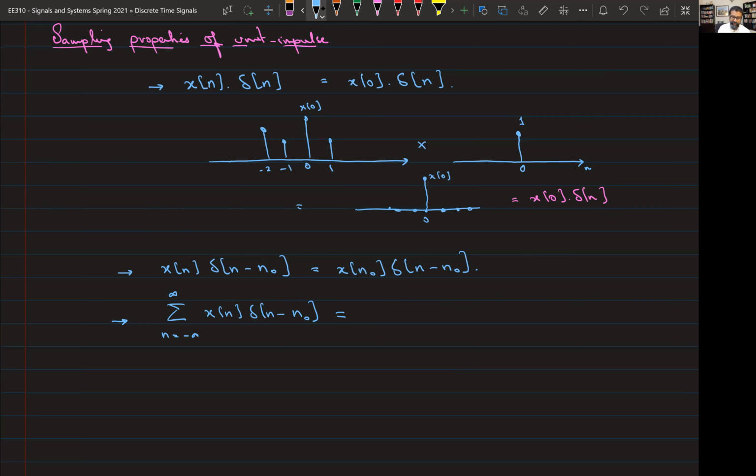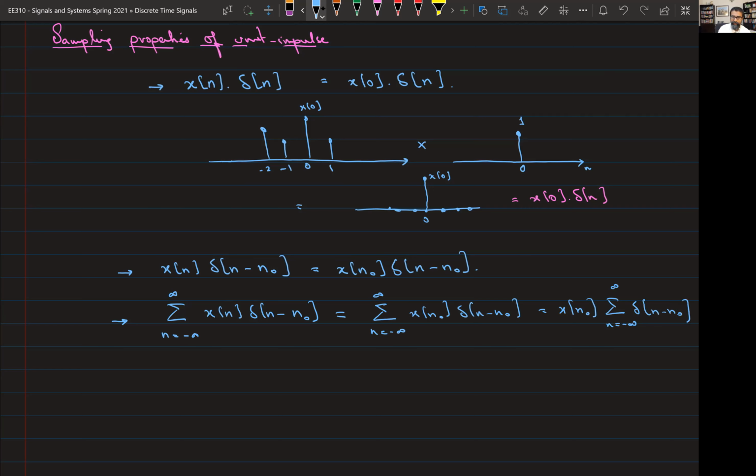So if I just use the expression above, this is the summation over n equals minus infinity to plus infinity of x of n naught delta n minus n naught. And x of n naught can come out of the summation because it's not a function of n, leaving the sum from minus infinity to plus infinity of delta n minus n naught.